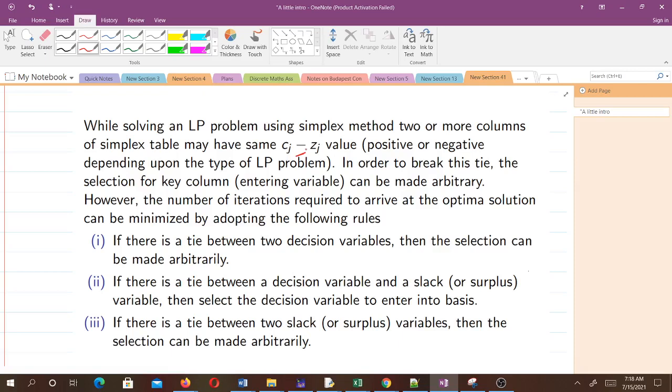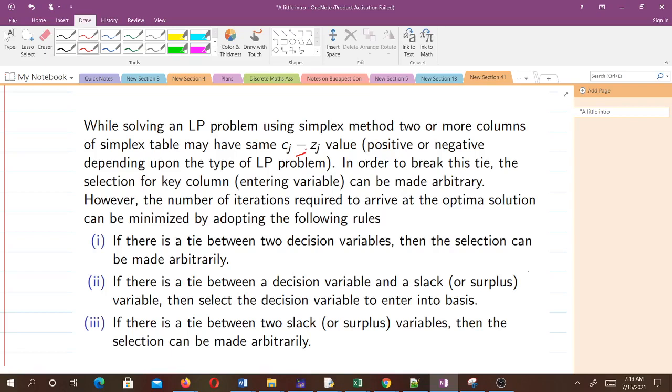However, the number of iterations required to arrive at the optimal solution can be minimized by adopting the following rules. That means if there is a tie, you can select any of them arbitrarily to enter, but depending on which one you select, you may have to do more or fewer iterations. So we have some rules to guide you to make the best decision, which will reduce the number of iterations you do.